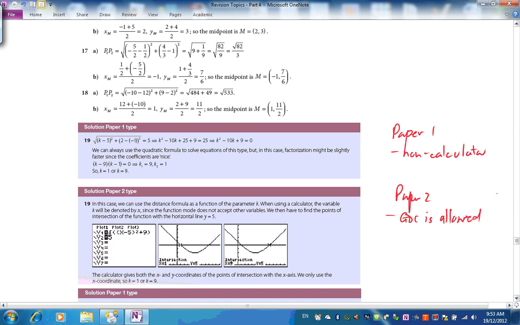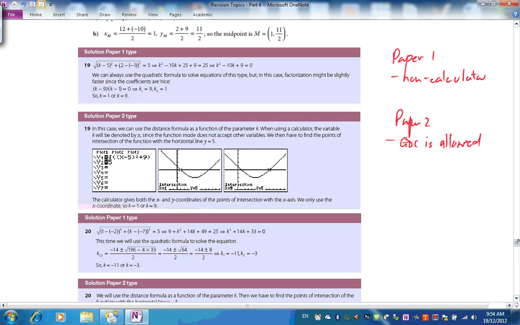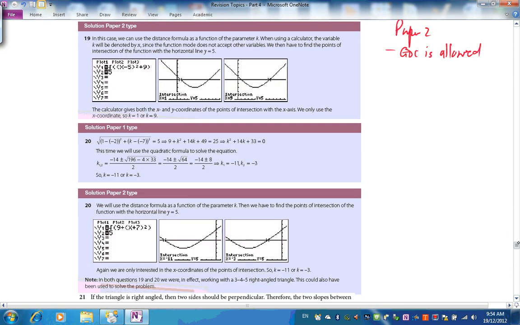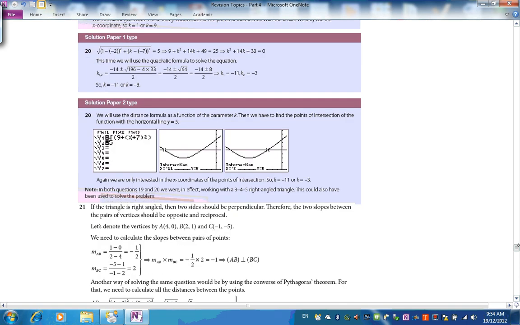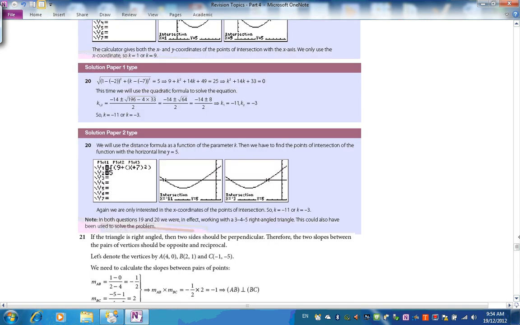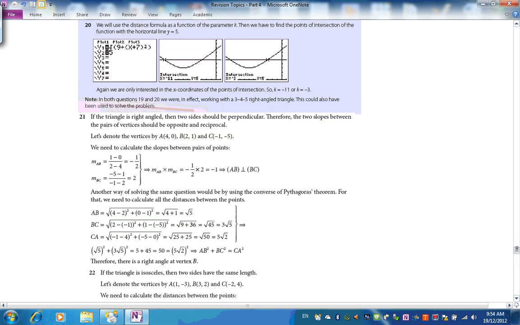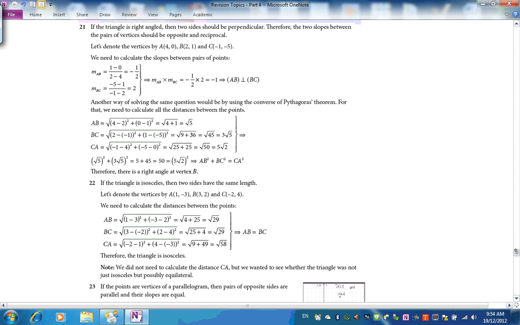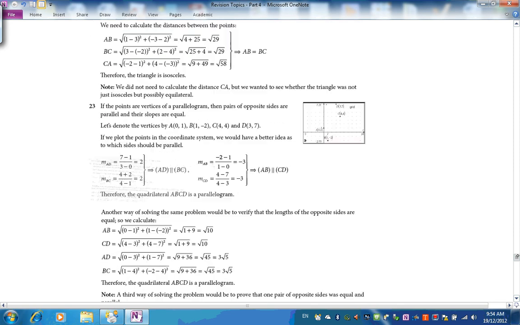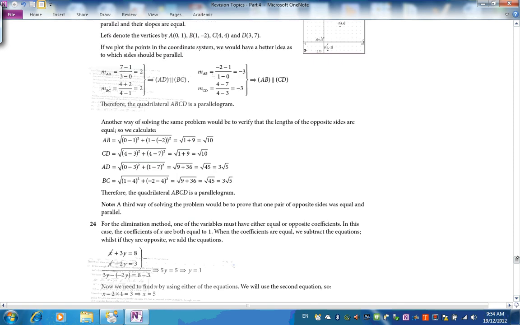Okay, so that's number 19 done in 2 ways. Let's go down now, and number 20, 21 there. And then let's go back 21 through there to 22, and then 23.